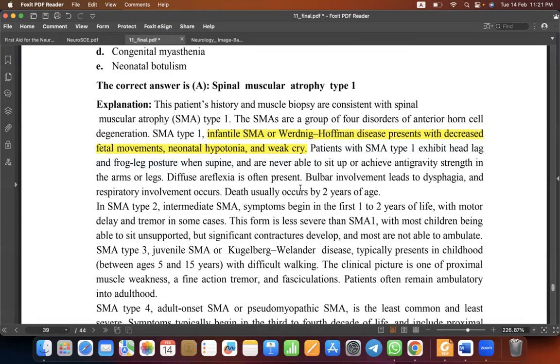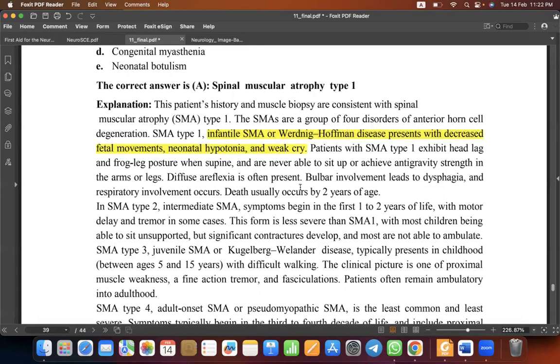SMA type 1 will have frog leg posture and head lag. The two things you should remember are frog leg posture and head lag. Whenever you see head lag and frog leg posture, always think of SMA type 1. The patient will have respiratory failure and areflexia, and will be dead by the age of 2 years.